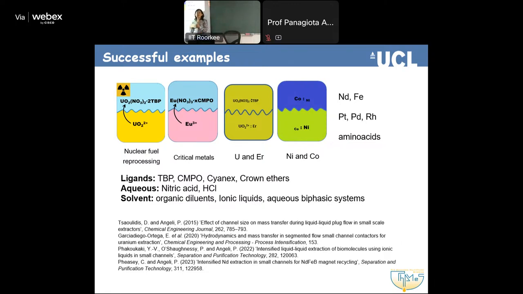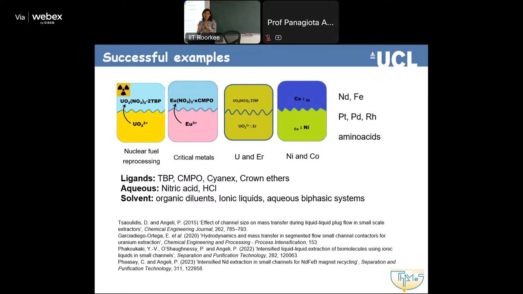And as I was saying, there is a lot of work in the literature on what to use: how acidic the aqueous phase should be, and what sort of extractants or ligands you should have in the organic phase to enable the separation. Chemistry-wise, there is a lot of work out there.